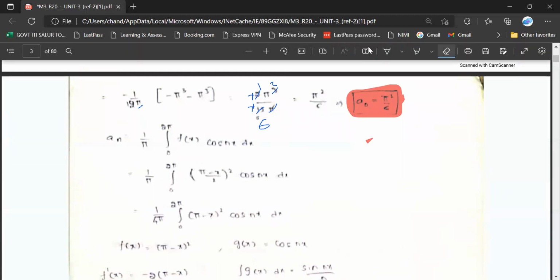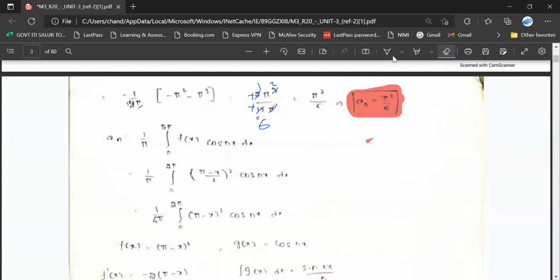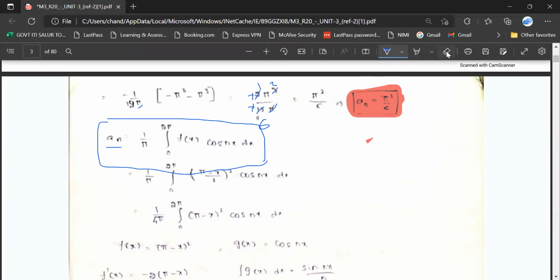So AN is equal to 1 by pi, the integration extends from 0 to 2 pi of f of x cos nx. Here, we have a difference between A naught and AN.